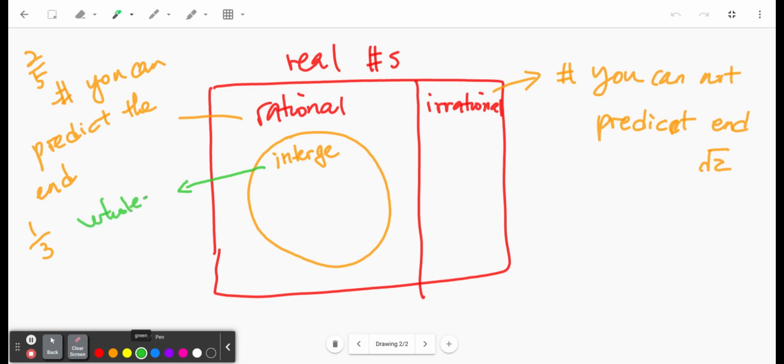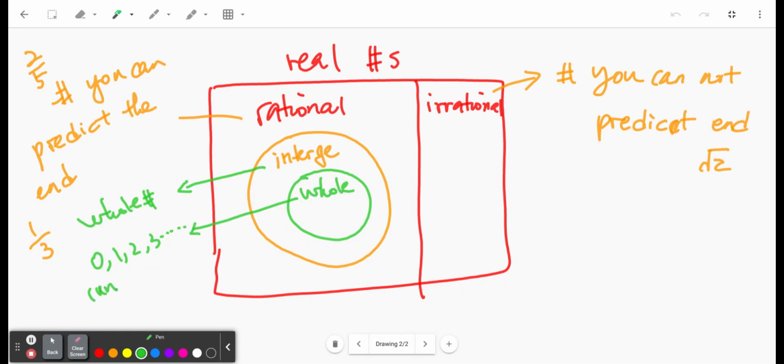Integers are whole numbers. Very good. Within those integers, we have whole numbers, which go from 0, 1, 2, 3. So all those positive or non-negative numbers. A negative number, what does that say? The first arrow: whole numbers. No, integer whole numbers.